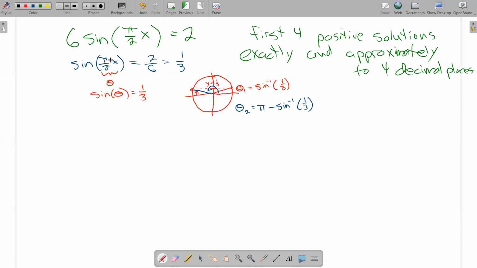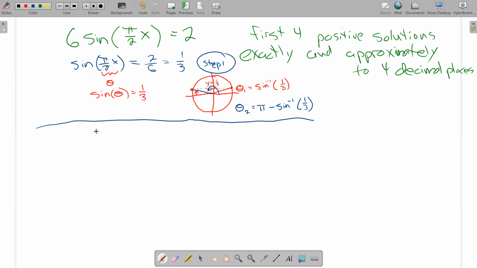Now I don't want theta, I want x. So now I've got to take my next step, right? This was step 1 right here. Step 2 for getting an exact answer is to finish off and deal with that pi over 2 x.